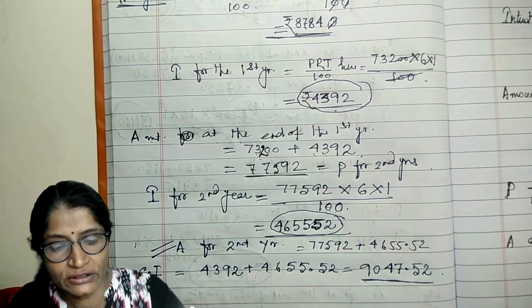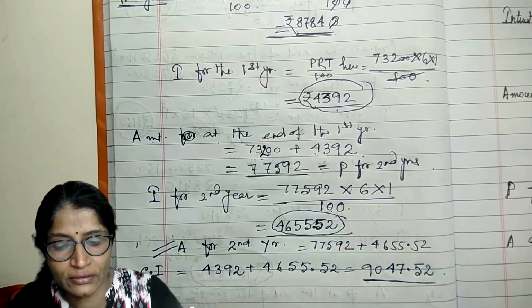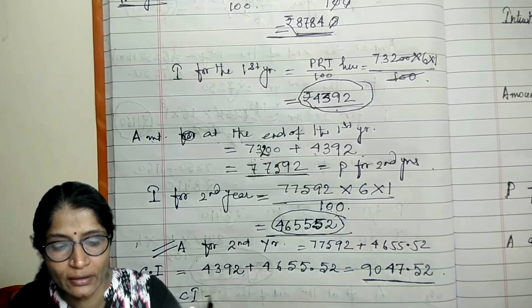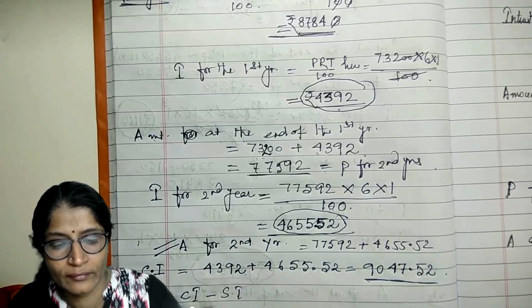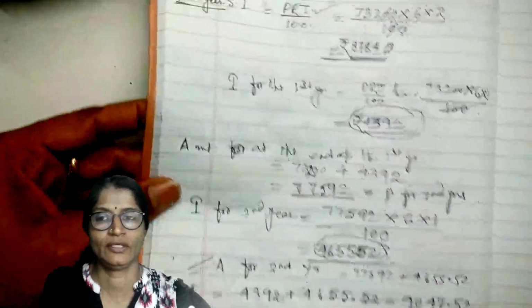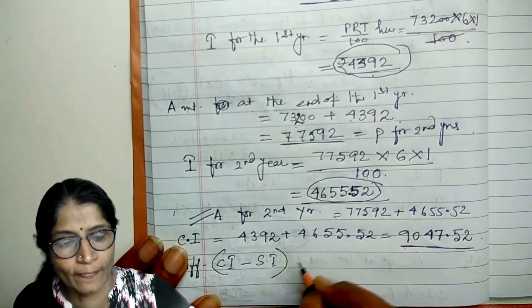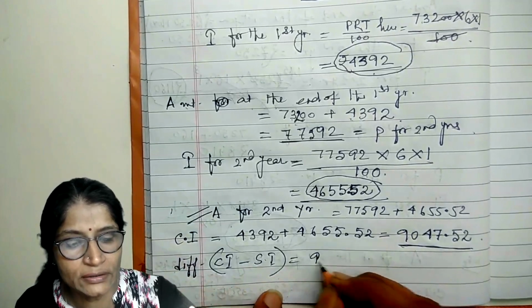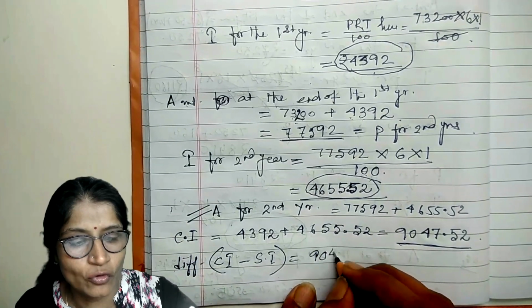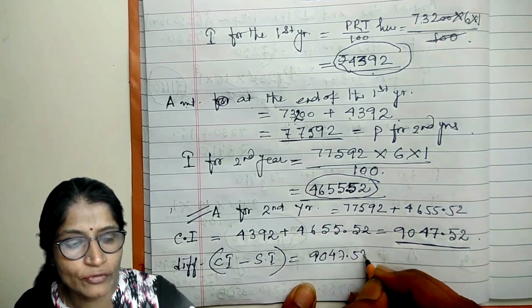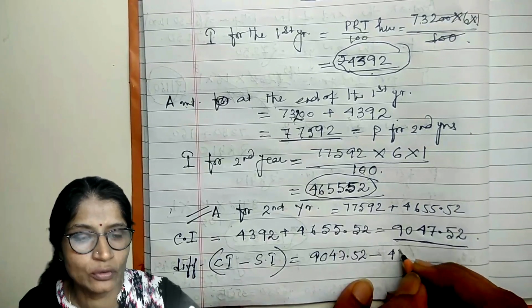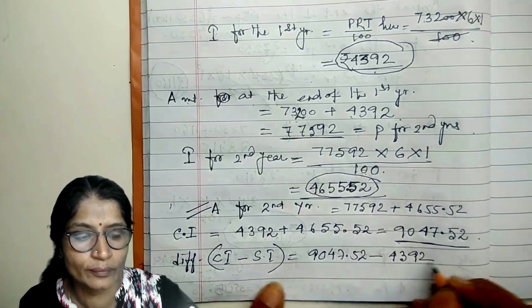So the difference is CI minus SI, is equal to 9047.52 minus 4392.